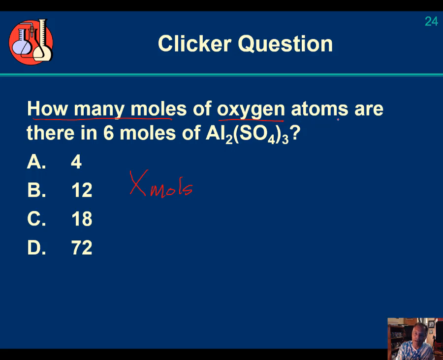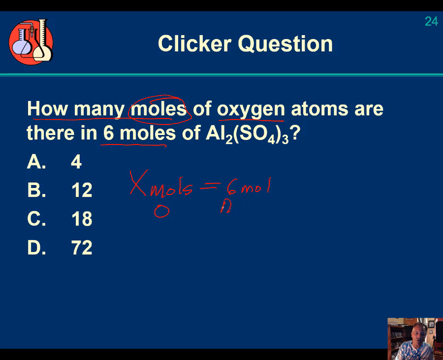Now, I know it says atoms down here, but we don't need Avogadro's number because the how many part is how many moles. And so this is how many moles of oxygen. Well, if I had 1 mole of aluminum sulfate, I would have 3 times 4, which is 12 moles of oxygen. But I don't have 1 mole, I have 6 moles. That's what goes on the other side of the equal sign.